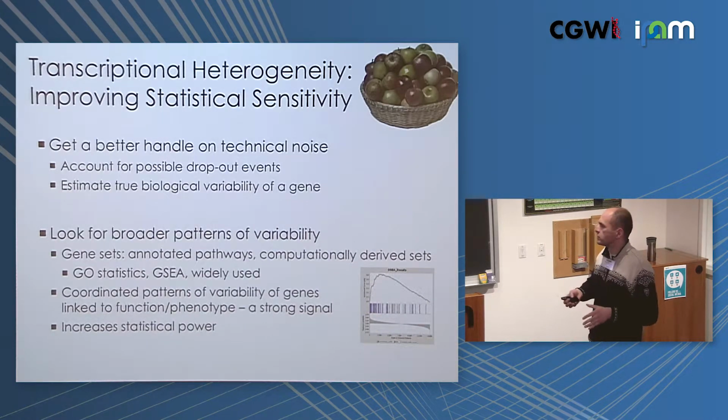So essentially, if you have, let's say, 5 genes that are related to a particular known biological process like actin upregulation, and these genes are all up in one subset of cells and all down in another subset of cells, first of all, it's much easier to detect, given a very noisy measurement, and it also gives you some kind of a hint as to what the biological process underlying these 2 subpopulations might be. So that's the general idea.